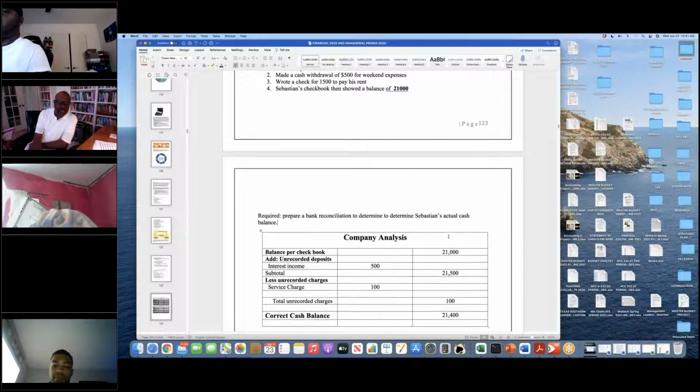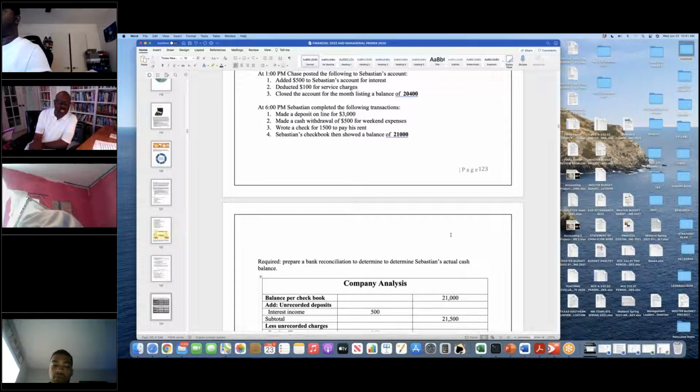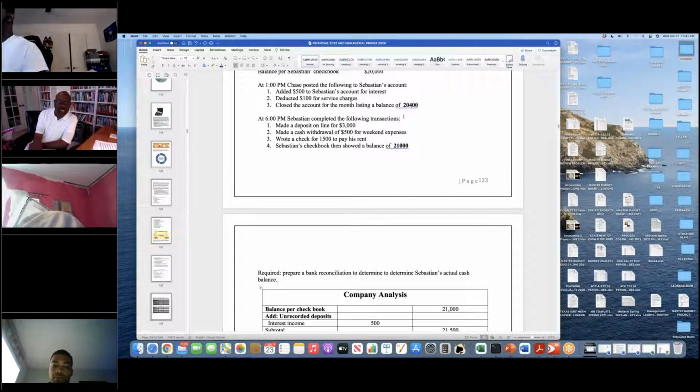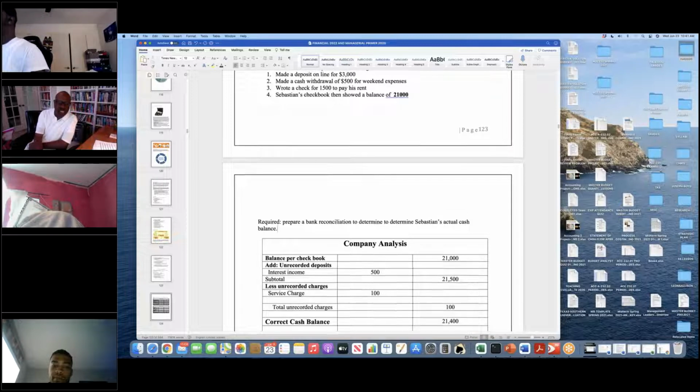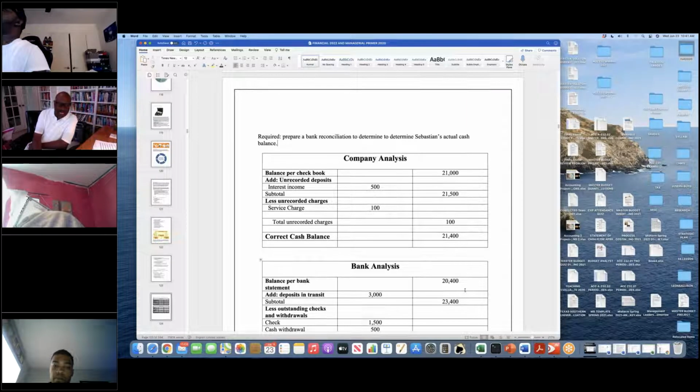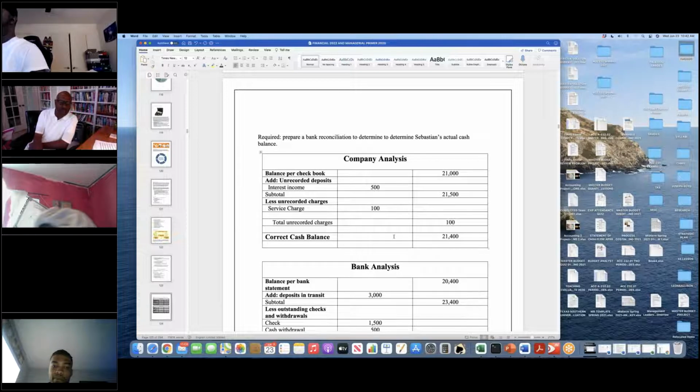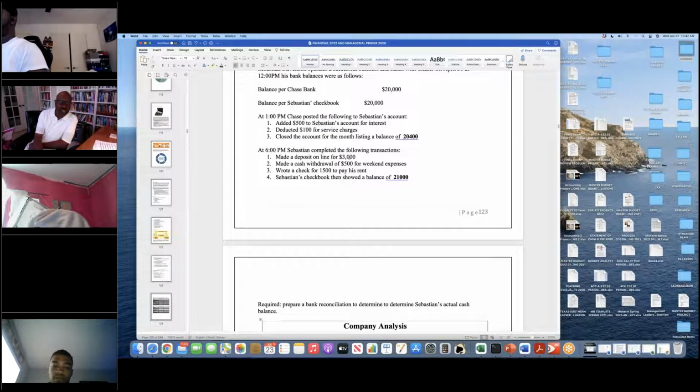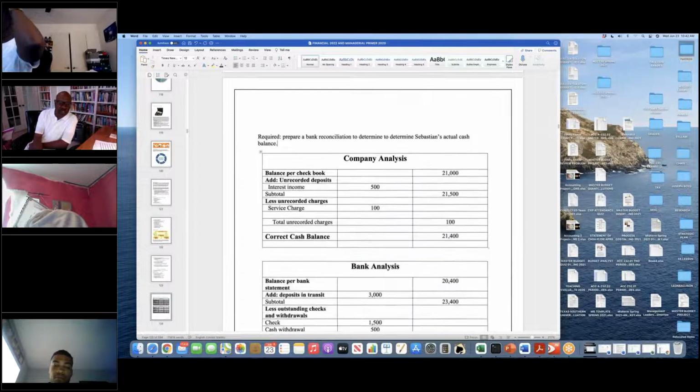Let's look at the bank analysis. The bank's not doing it, but we're reconciling the bank statement. The bank showed 20,400 on the bank statement. The bank didn't have this deposit in transit of 3,000, so we're going to add that 3,000. That gets us to 23,400.